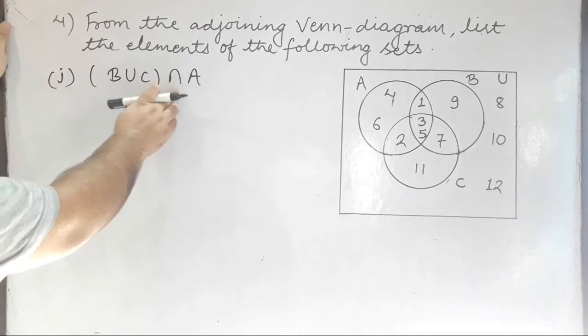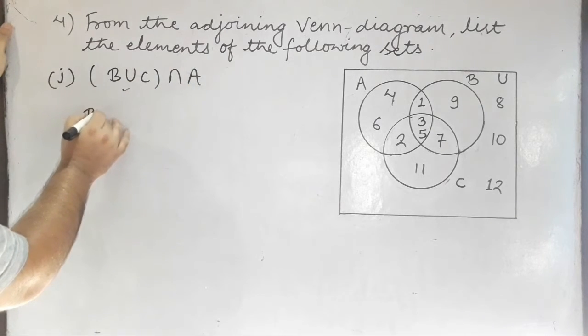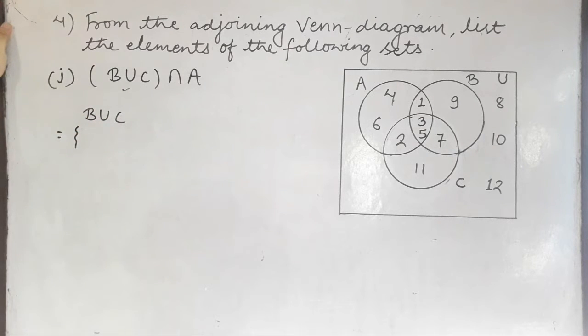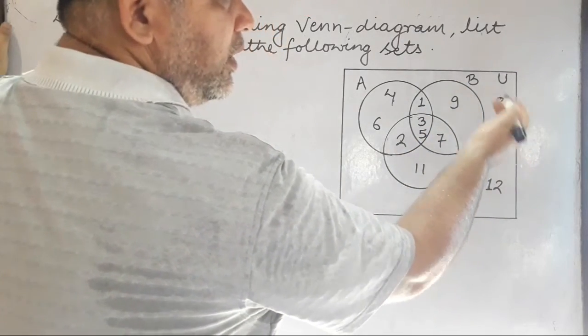The next question. B union C intersecting A. Okay, B union C we shall do first. B union C equal to. What are the elements of B? I am doing it serially, in order.